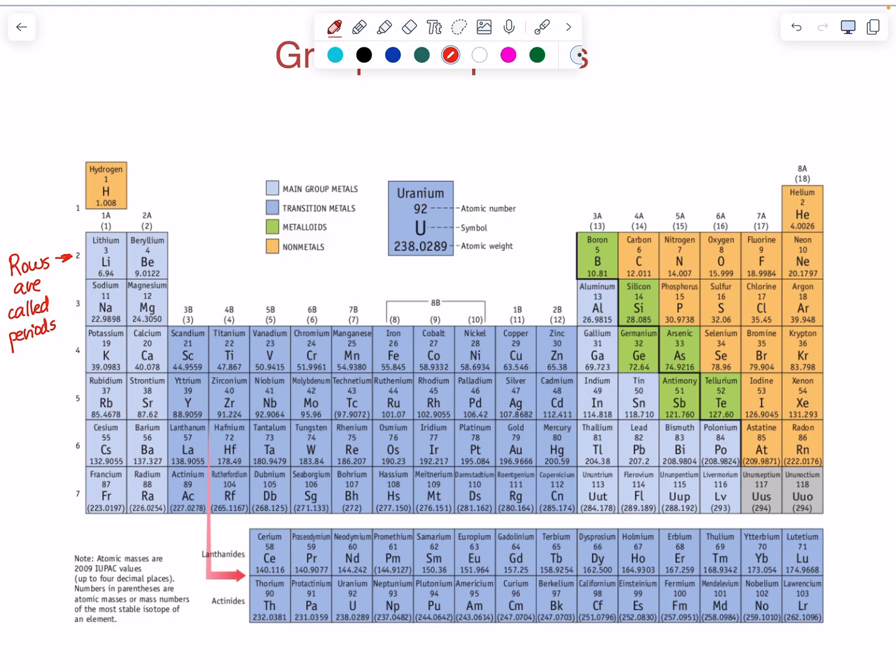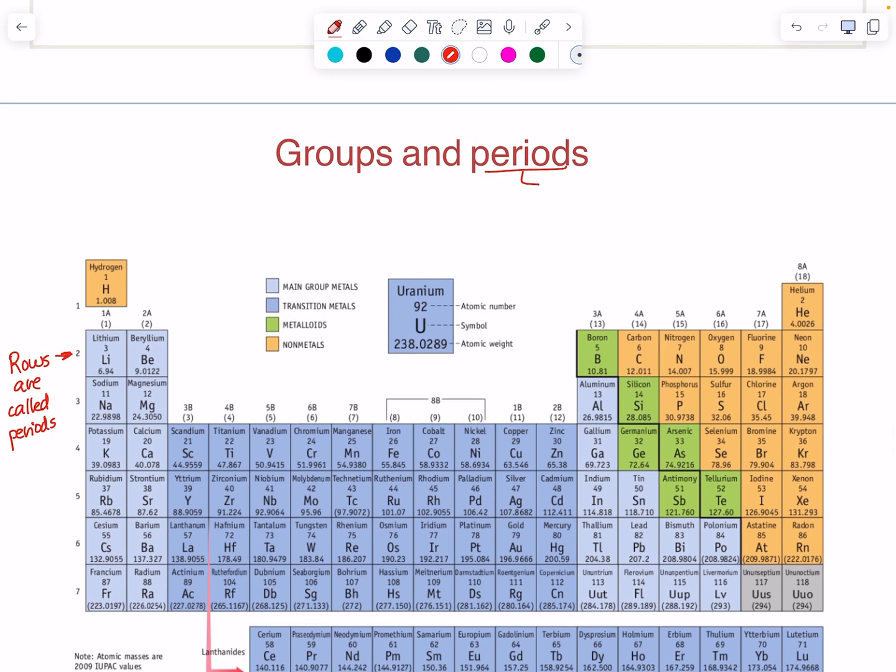So periods are the rows, and the properties of elements vary periodically as you go within a period from left to right. And as we go through this course, we'll get more and more specific about the ways in which those things vary.